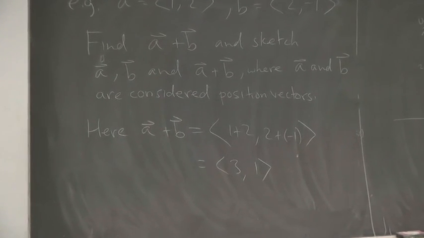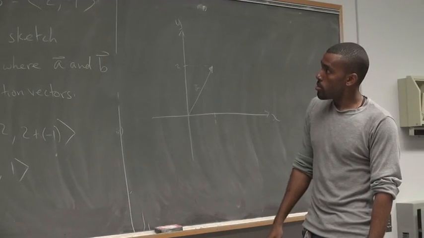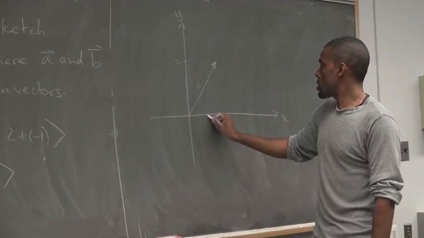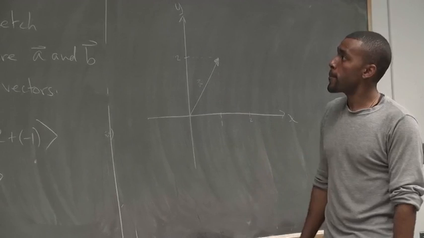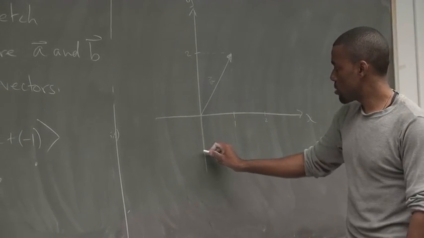That is my vector A. The vector B would go 2 units in the x direction, then 1 unit down.